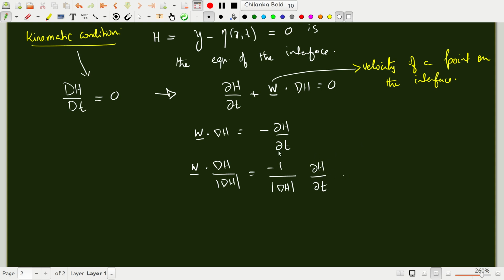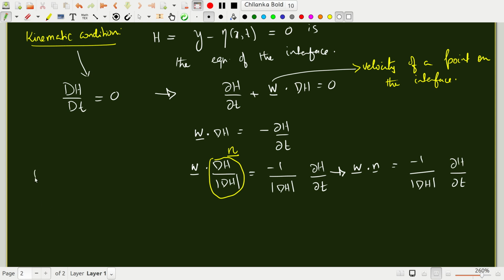But we know that this is nothing but the unit vector n, so we can write w dot n is minus 1 over mod del h times partial h partial t.